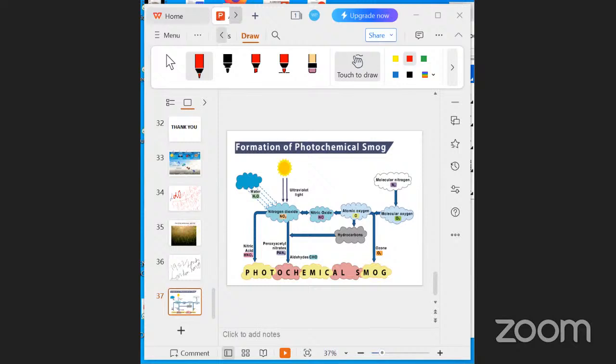So what are the components of photochemical smog? Photochemical smog requires neither smoke nor fog, right?